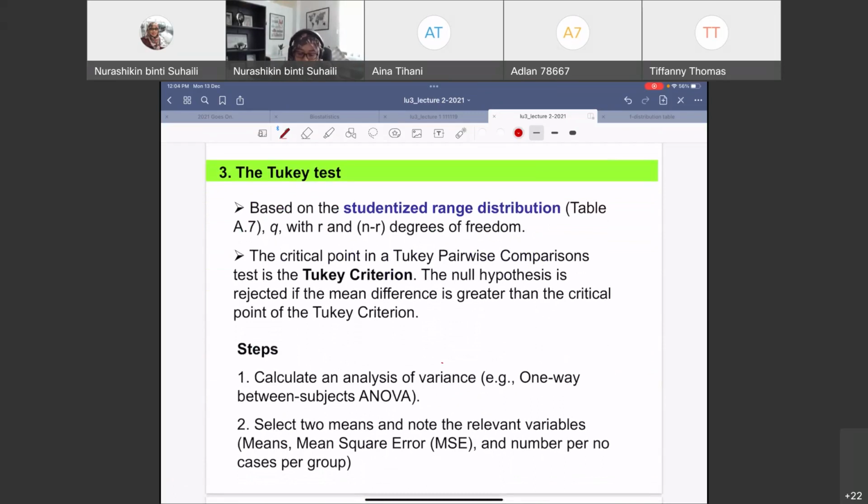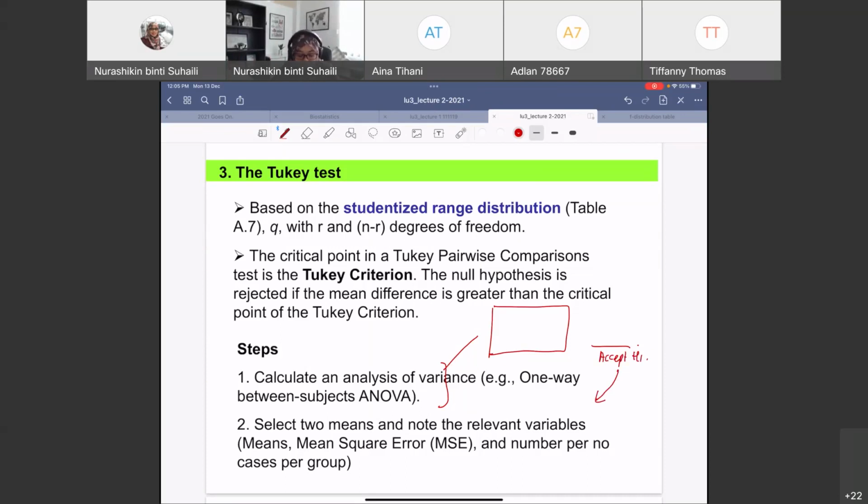You have generated the summary table, you have come to the conclusion, and in your conclusion you accept the alternative hypothesis. Then you proceed with the post-hoc test, and it depends on the problem whether the sample size is equal or not. If it's equal, you can use Tukey test. If the sample size is not equal, you can use Bonferroni method.